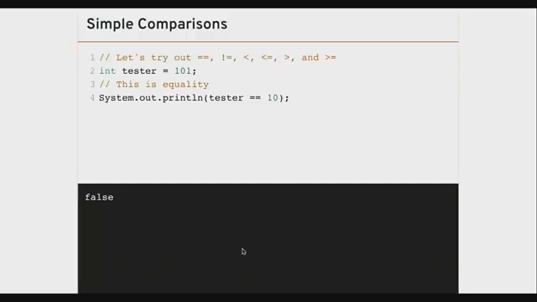I can also use other comparison operators. I have less than, also not less than 10. Is it greater than 10? It is greater than 10. Is it not equal to 10? It's not equal to 10. So these are our basic building blocks for comparing variables with other variables or with literals in this case.